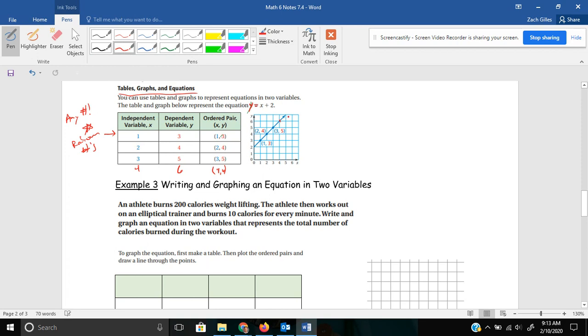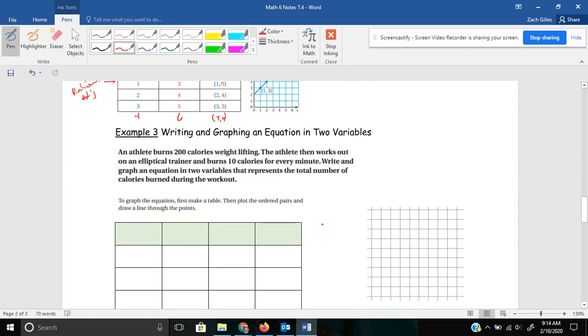So it's a great way to be able to represent an equation. We can take an equation like this, and we can see what it looks like if we were to graph it, and basically find a pattern or a trend. And it's very visual now, which is very helpful for us, rather than just seeing an equation written like this.